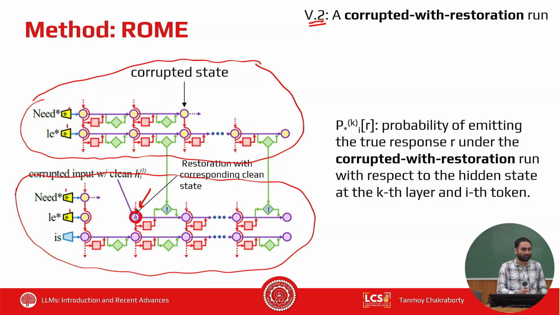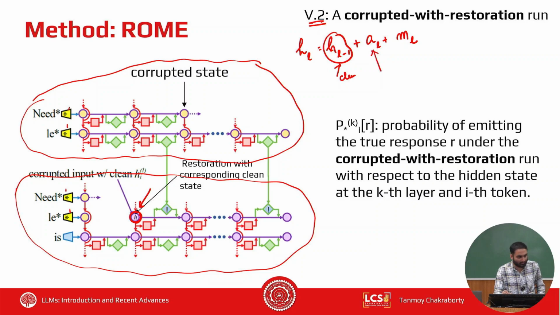To identify the effect of MLP, what they did, now think about it. H_L is H_(L-1) plus A_L plus M_L, the residual stream view. Now, H_(L-1) is clean because you restored it. A_L is corrupted; you did not restore it. Now, to understand the value of M_L, this is the output of the MLP.